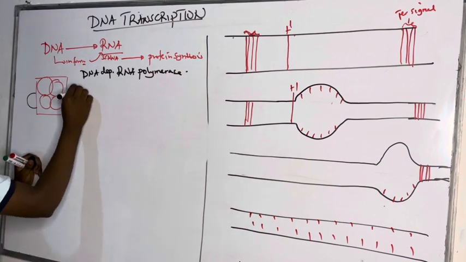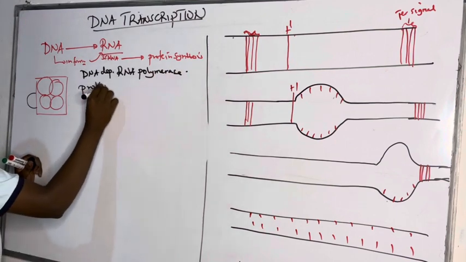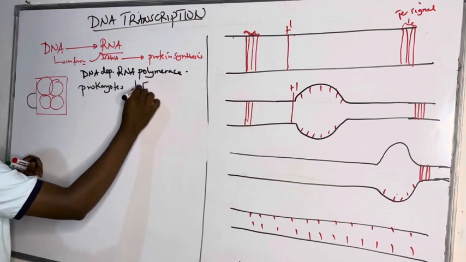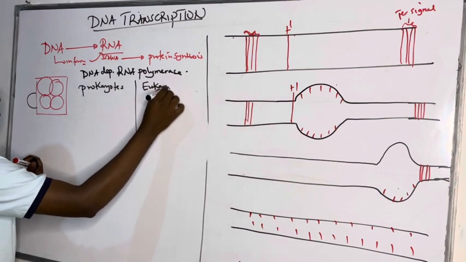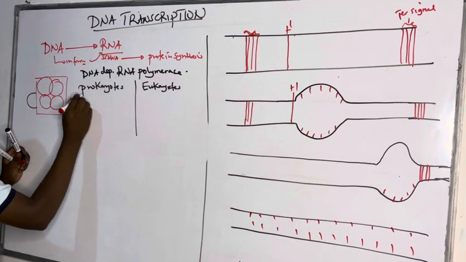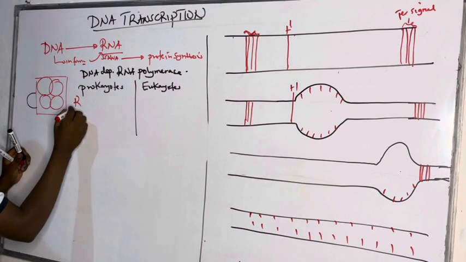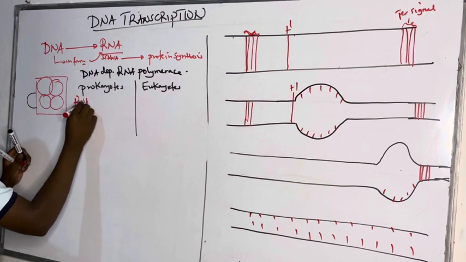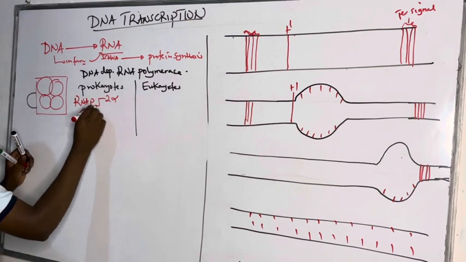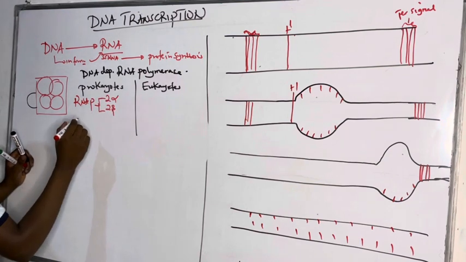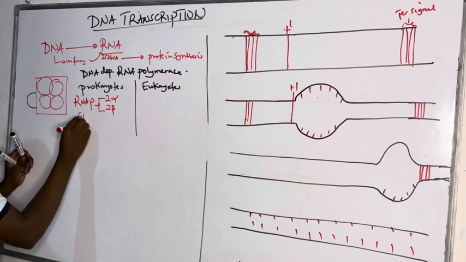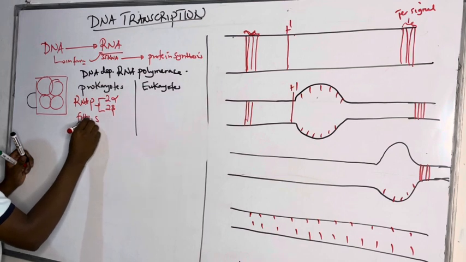Now, comparing prokaryotes versus eukaryotes, in prokaryotes it is known as RNA polymerase. This RNA polymerase in prokaryotes has 2 alpha subunits and 2 beta subunits, and these are the 4 subunits; the 5th is called the sigma subunit.